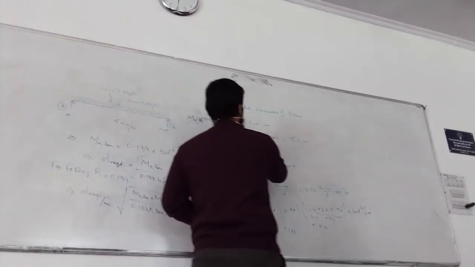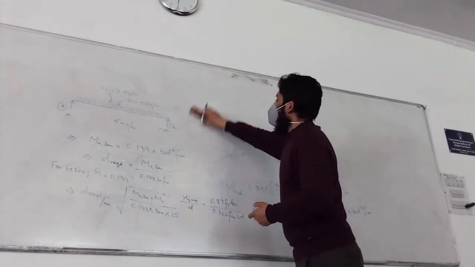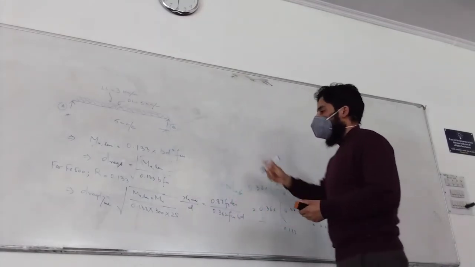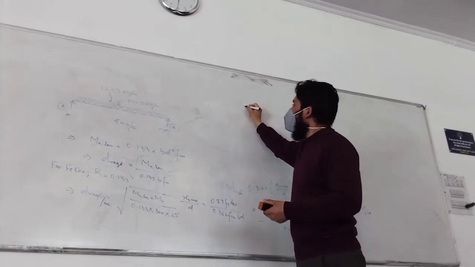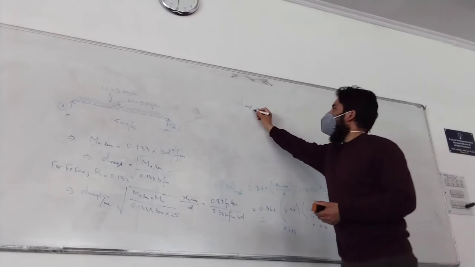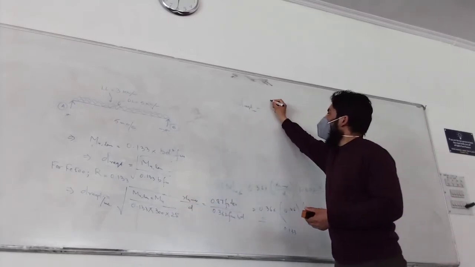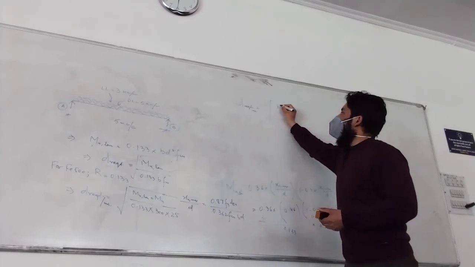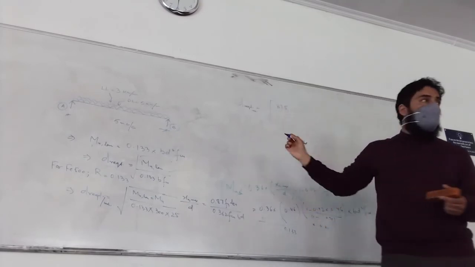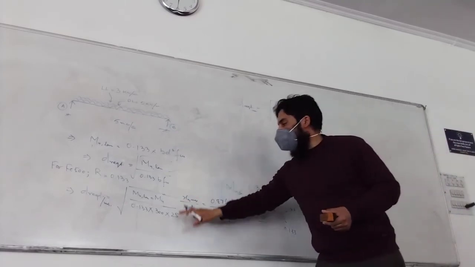So your D required, or minimum, now is, how much is mu? 37.5 kilonewton meter. I have to convert it into Newton mm because this is in mm.